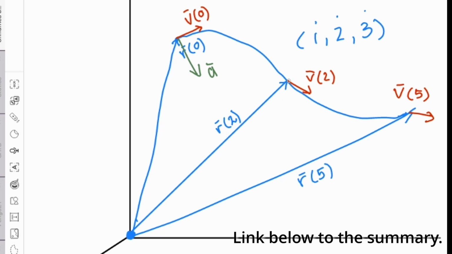So the acceleration would look like this, and remember, it's tangent to that. Here we have our position vectors all over, we have some of our velocity vectors denoted, and we have our acceleration vectors noted.